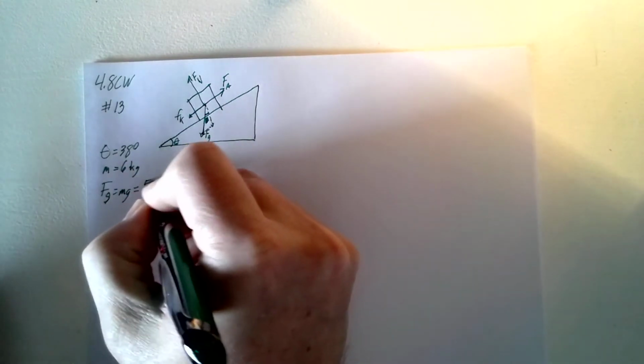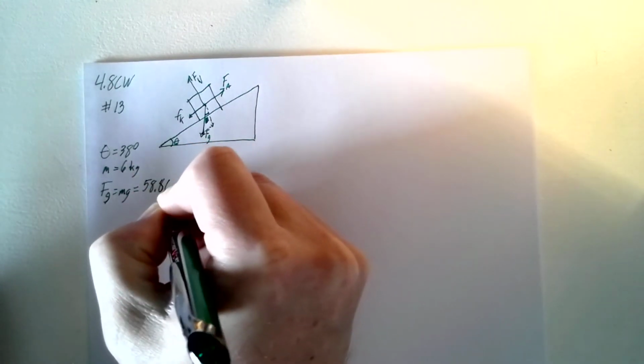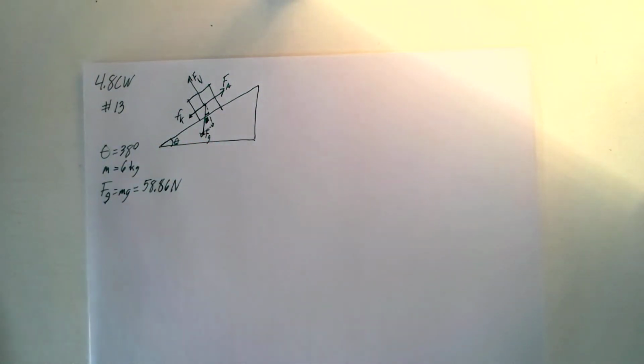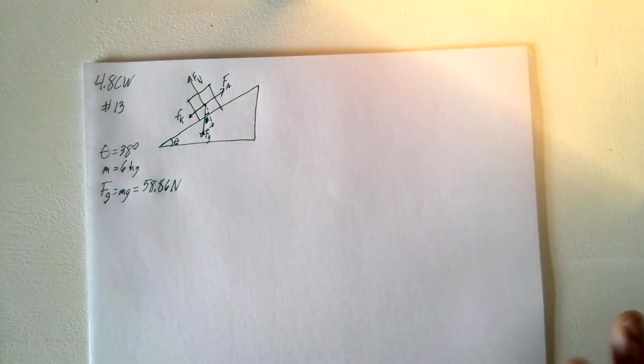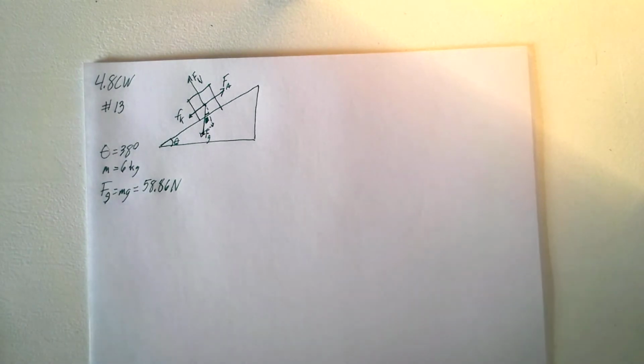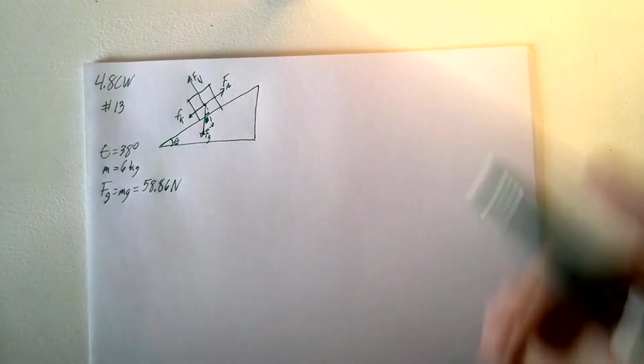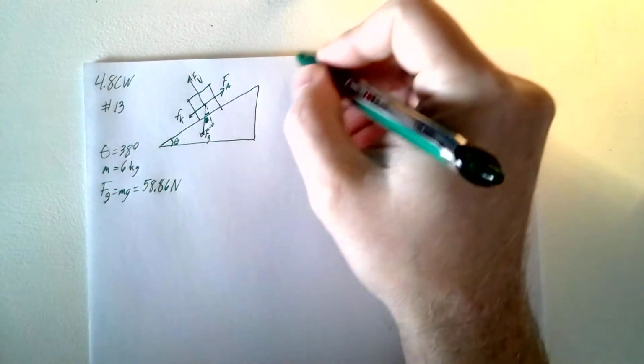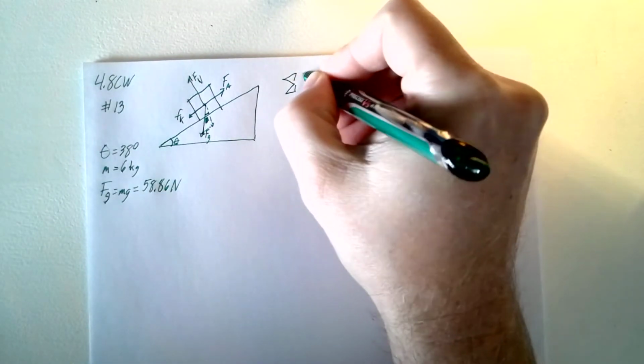So our Fg is 58.86 newtons. Alright, and we also know we have a constant velocity. So the speed given doesn't really matter here. We just know that we're moving at a constant speed. So that allows us to set something here.